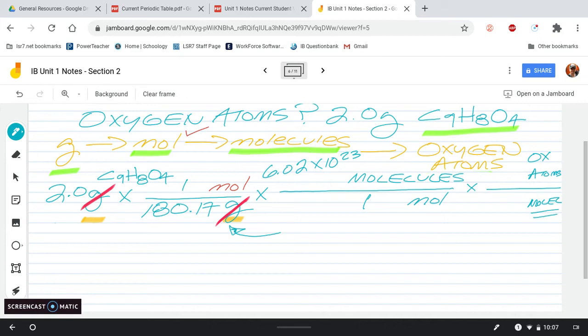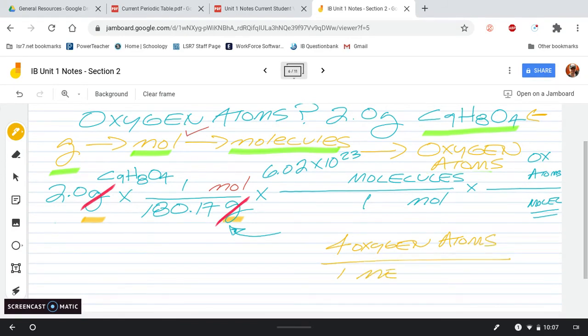Okay. Now this is kind of the tricky part. This is kind of the conceptual part. So this up here, that is a molecule, one molecule. Inside the molecule, you have 4 atoms. So you get 4 oxygen atoms for every 1 molecule.